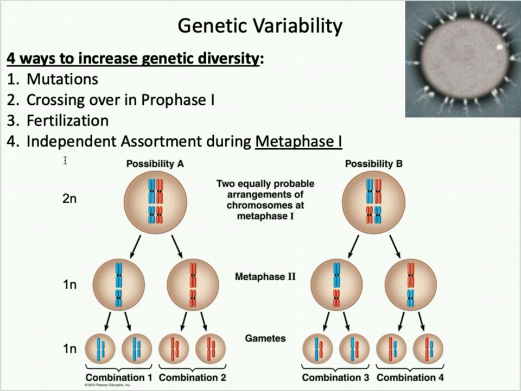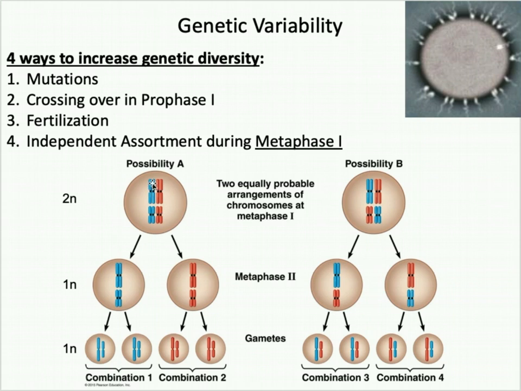And then another way to increase genetic diversity is something called independent assortment. This happens during Metaphase 1. What happens in Metaphase 1 is you have these homologous chromosomes, these pairs, and they line up on the metaphase plate. Depending on how they line up, it will result in different haploid cells.